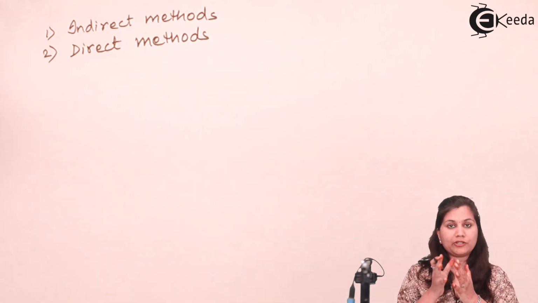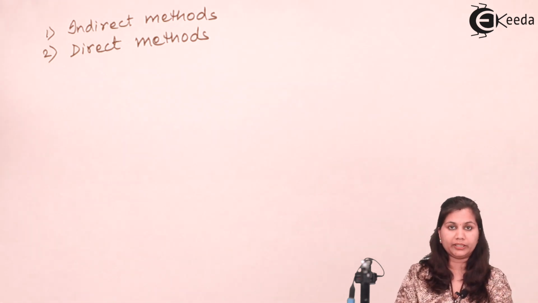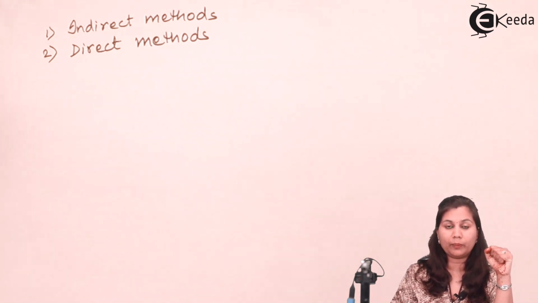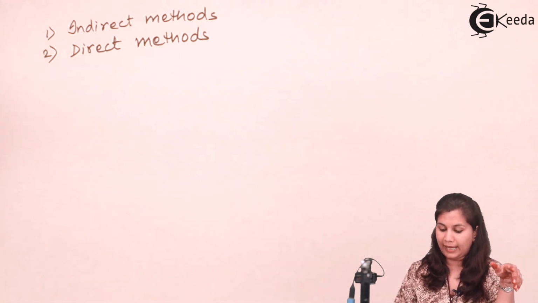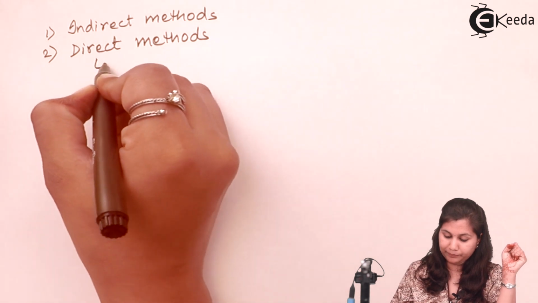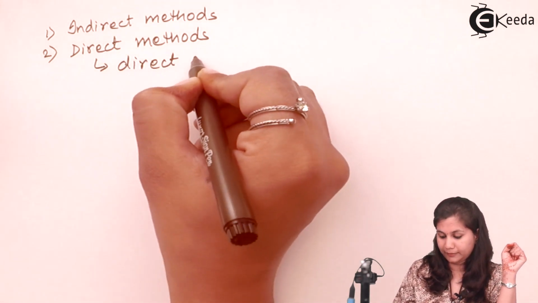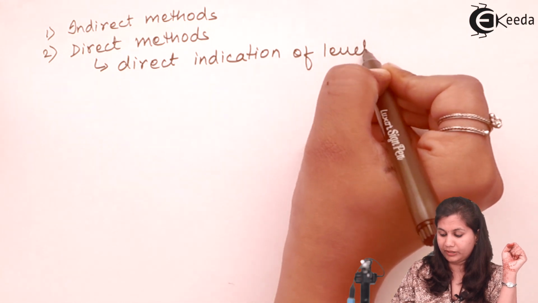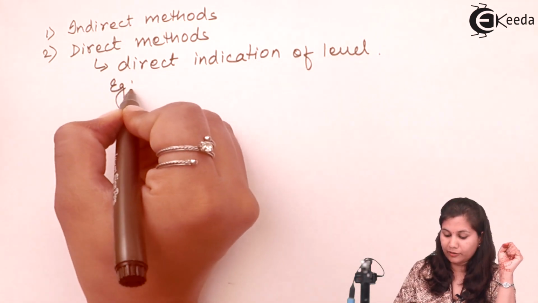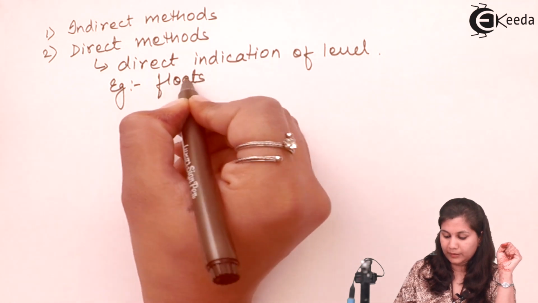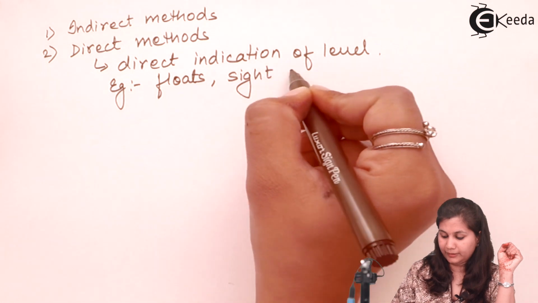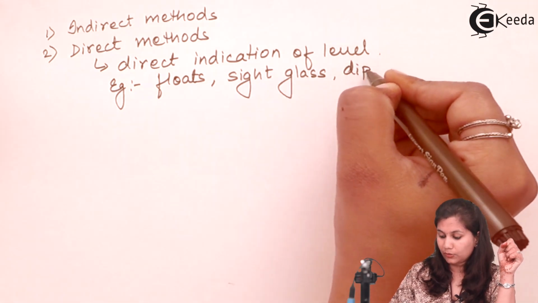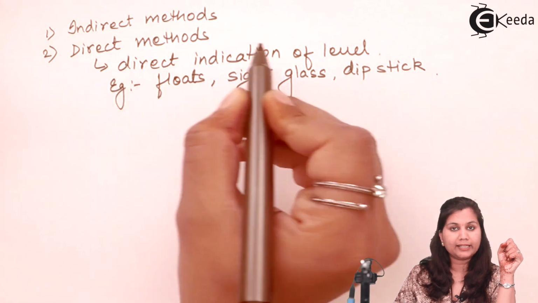Whereas in direct methods, we get a direct indication of the level of the liquid by using some mechanical devices, and examples are floats, the sight glass method, and the dipstick method. These are all direct methods.